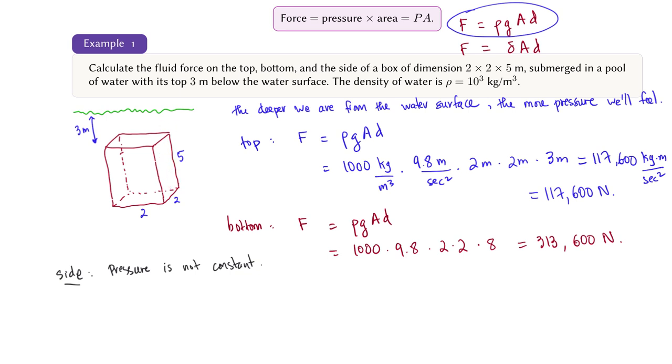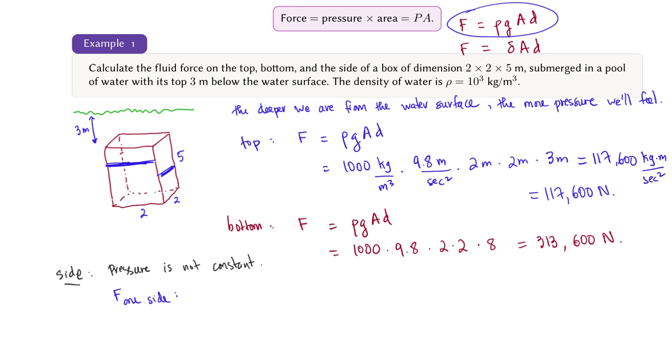As in any case in calculus, we're going to slice the side so that at any point on the slice, the depth from the water surface is constant. To do this, we slice the surface on the side horizontally, parallel to the water surface.